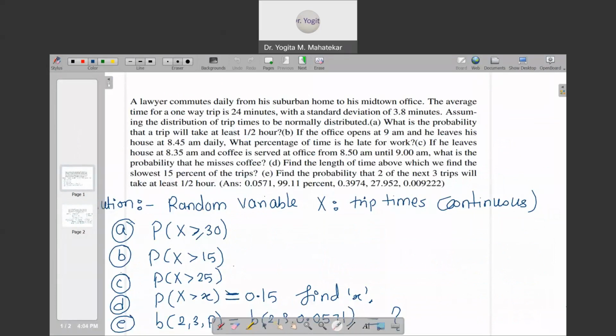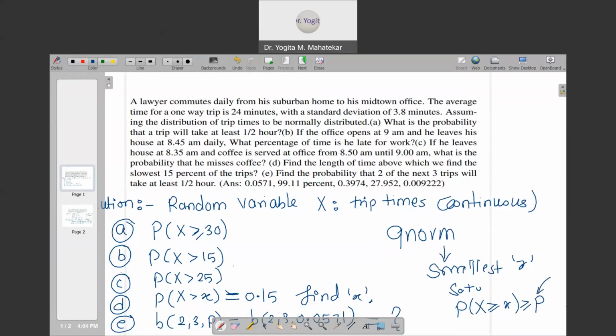So the qnorm command will give you the smallest value of x such that the probability that capital X is greater equal x is greater equal that probability, say p. So right now my probability p is 0.15 and we will be getting that small x.